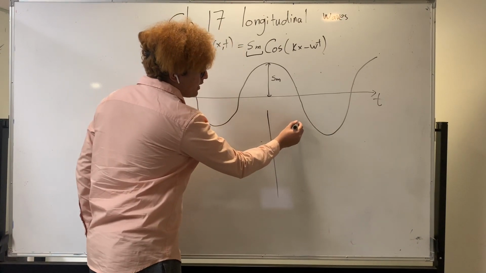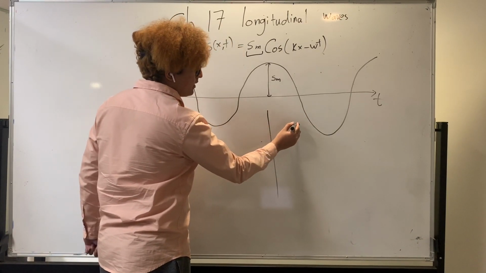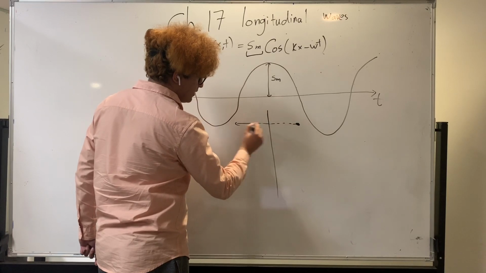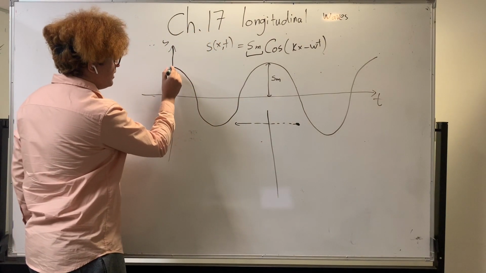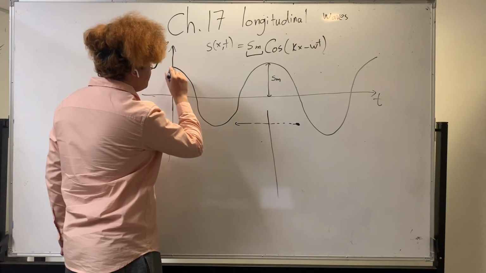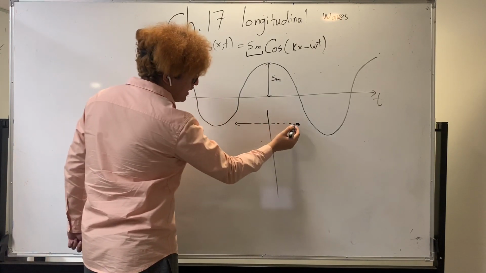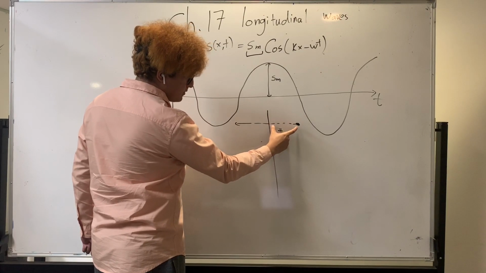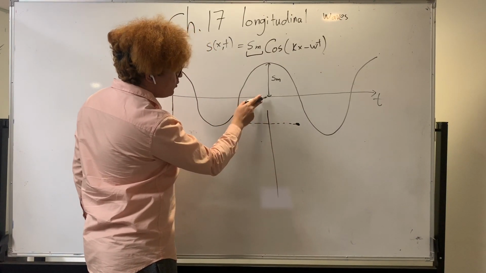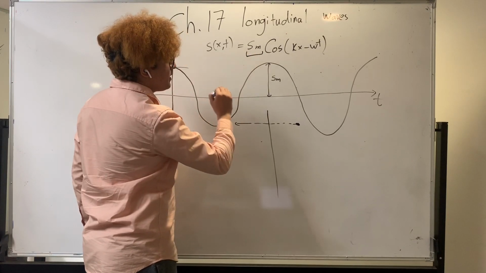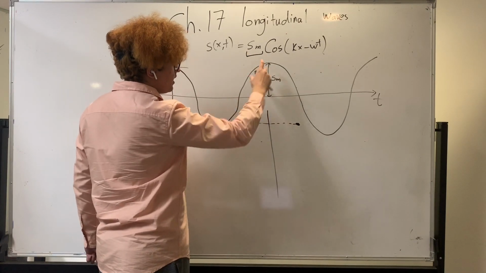So the particle in a longitudinal wave will be going in this direction, displacing like this. So the cosine function starts here, and this here is the maximum displacement. So this distance is the maximum displacement from the mean value, which is represented by Sm. This distance is this distance, and it's equal to Sm.